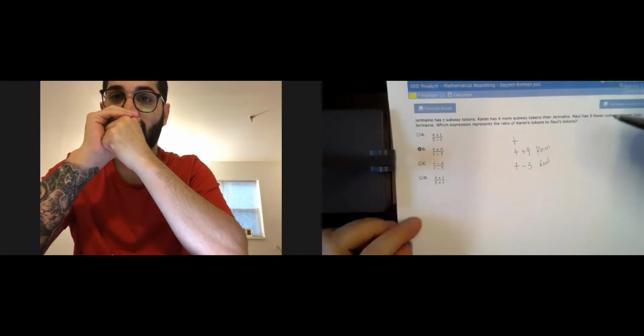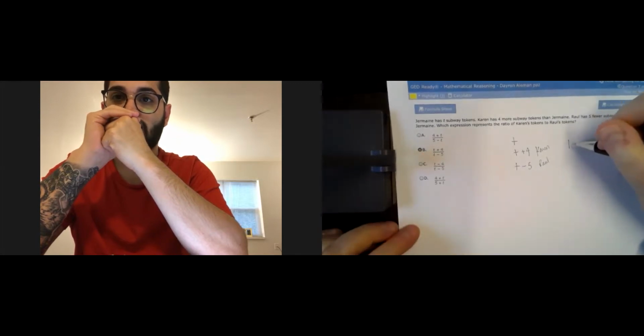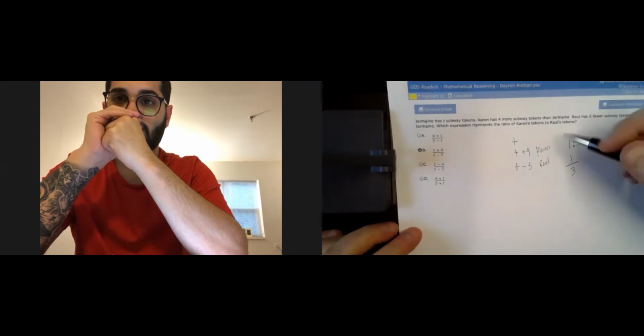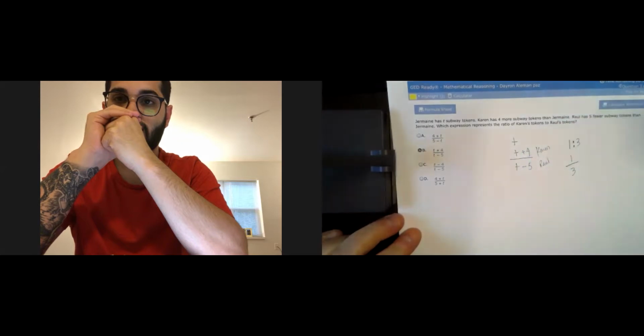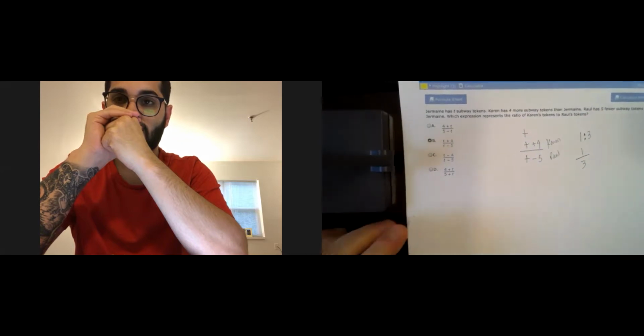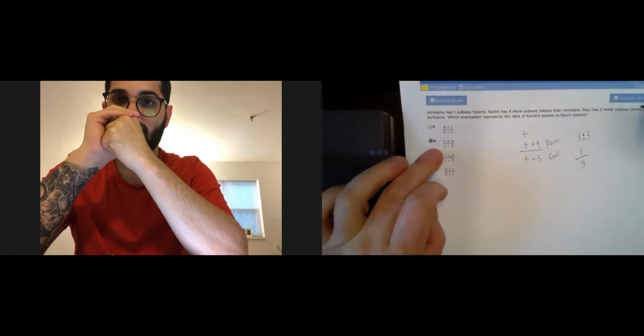And when you do ratio, you may have seen them look like this, say 1:3. Or it can be 1/3. It's the same thing. Either one of those is a ratio. So we're looking for Karen over Raul. So T plus 4 over T minus 5.